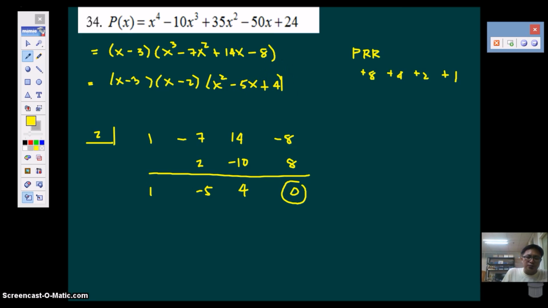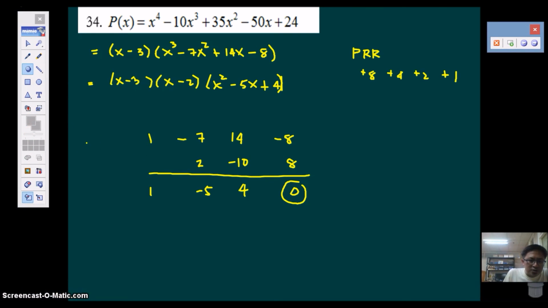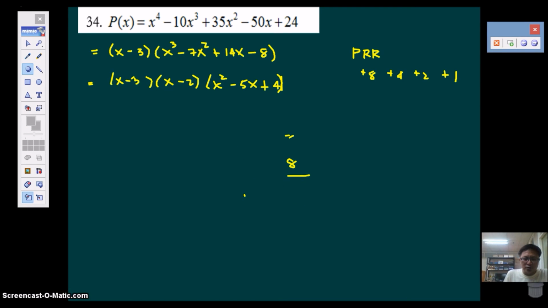If you reach the quadratic part, it's now easy because you can simply factor your quadratic, or if it is not factorable, you can simply use the quadratic formula.